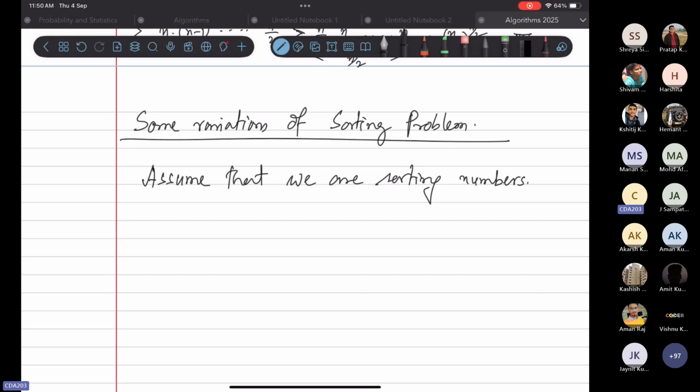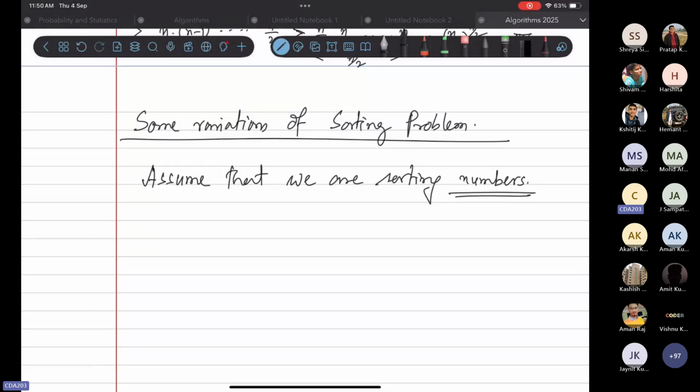Right? Now, what if I have as my input, instead of any general objects, some numbers that I want to sort, and the tool that I'll be using for sorting those numbers are the numeric values of those numbers or some other properties of those numbers.